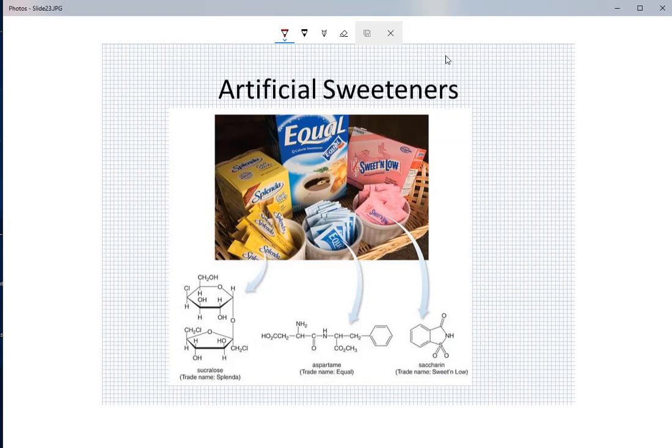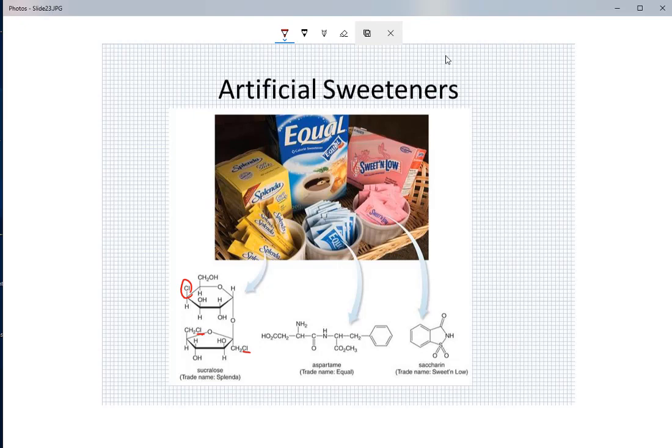Okay, a little bit about artificial sweeteners here. If you look here, sucralose, clearly a derivative of sucrose, trade name Splenda, but it has some chlorines here instead of hydroxy groups. So it's artificial. Aspartame, interesting. We'll see this again when we get into the chapter on amino acids.